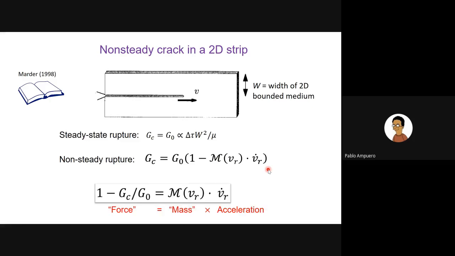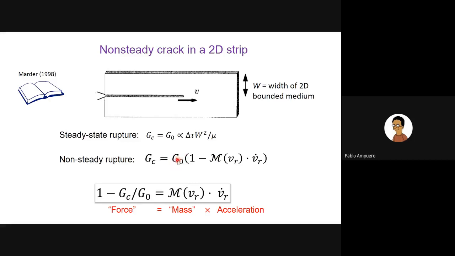We can rewrite this in a different form that makes an analogy to the classical equation of force equals mass times acceleration. So the forcing term here is going to be the ratio between the fracture energy, that's the resistance of the fault, and the potential energy, this G0 term here.